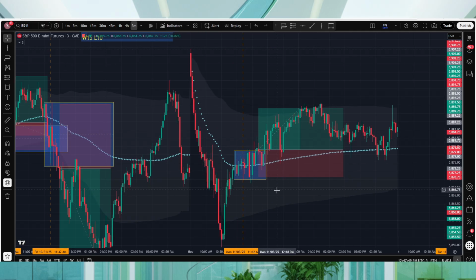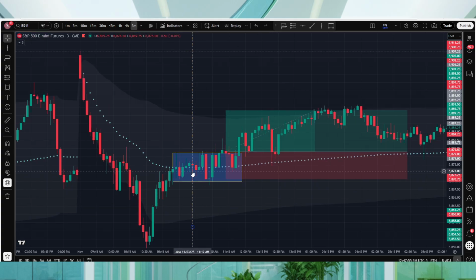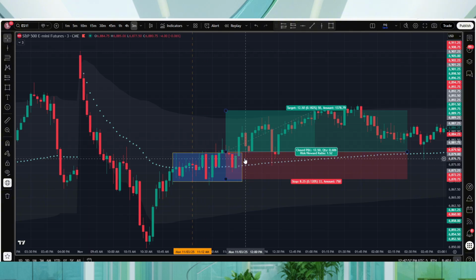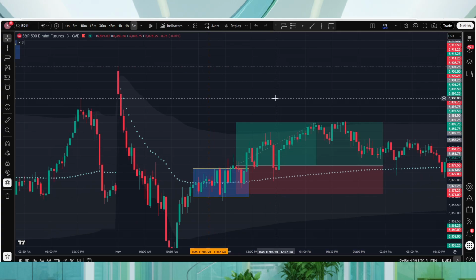Okay, another good entry here. So okay, we're looking at the orb carefully. So we got the 1, 2, 3 orb, the box, open above the box. It's an 8.5 stop, whatever, so close enough. 8.5. Well, we'll do 8.5 here. And yeah, so 13 points. All right.